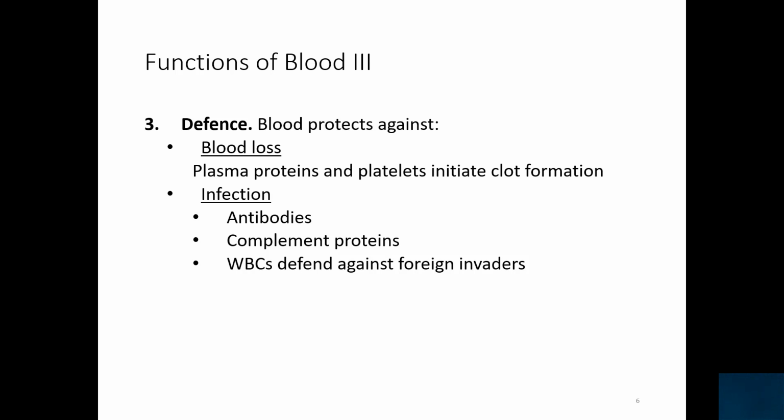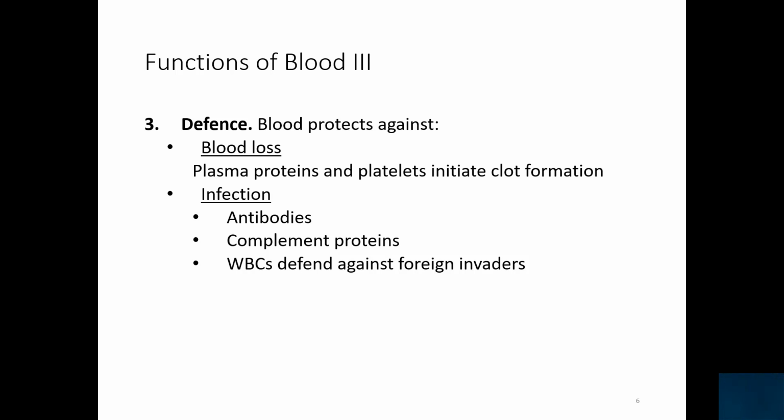If you have a small cut, plasma proteins and platelets inside of your blood start clot formation, and when blood clot is formed, it stops bleeding. It doesn't work for large cuts when an artery is severed, for example, but it works perfect for small cuts.